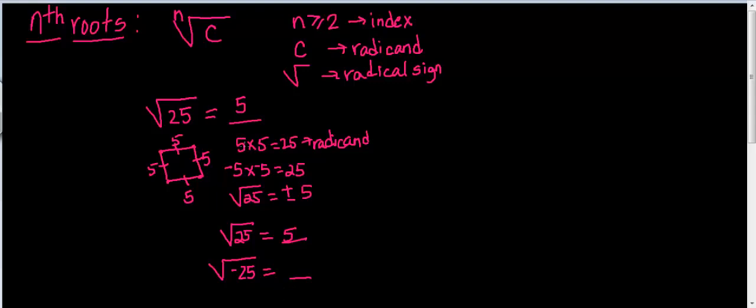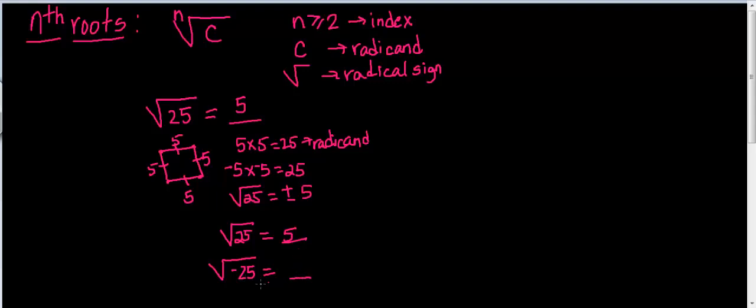Now notice when I multiply positive 5 times positive 5, these two numbers have to be the same in order for me to talk about square roots or perfect squares. I get a positive 25, and if I multiply negative 5 times negative 5, I get positive 25. There are no two numbers that I multiply by each one and get negative 25.